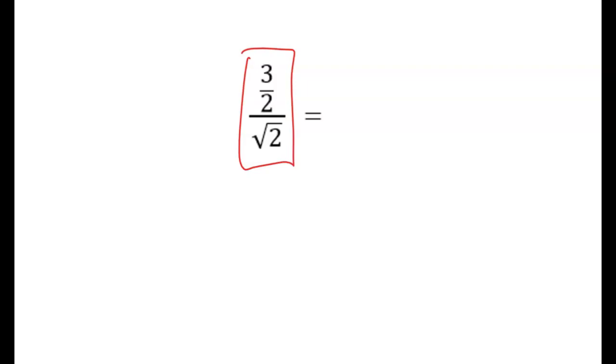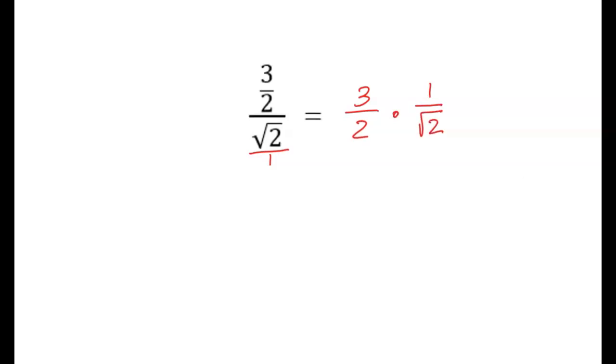We know that this square root of 2 is over an invisible 1. So we have 3 over the square root of 2 times 1. Now we can multiply this by the square root of 2 over the square root of 2, which in the denominator, what would we end up with here?